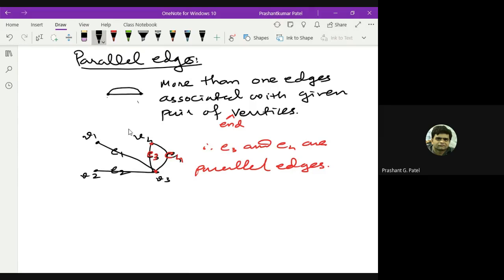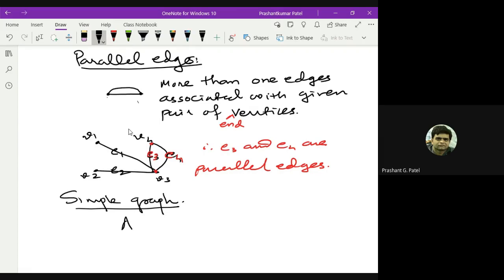The next definition is a simple graph. So what is the definition of a simple graph? A graph which does not contain parallel edges or a self loop is known as a simple graph.